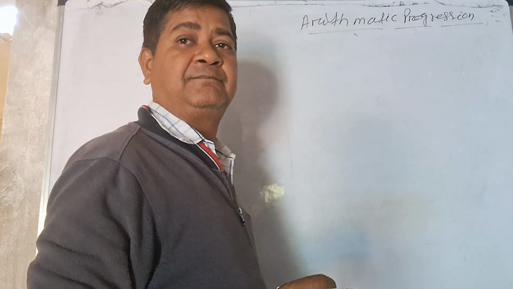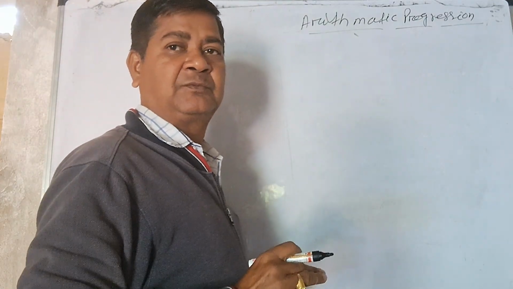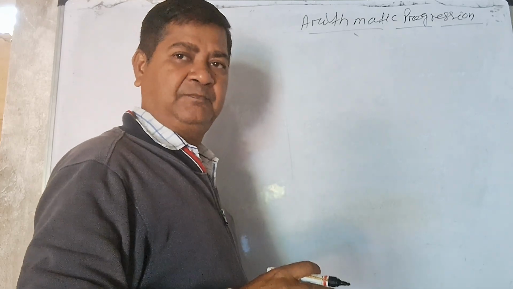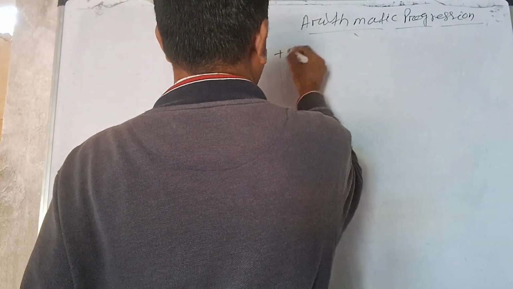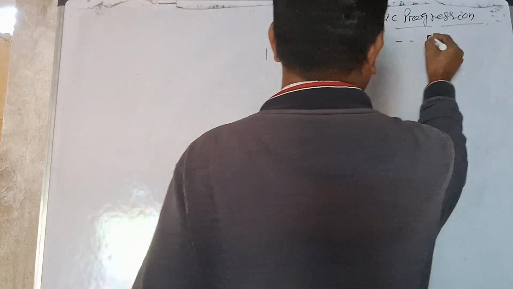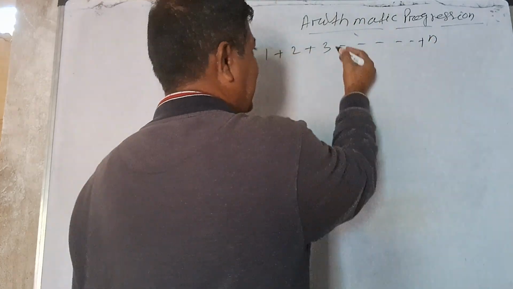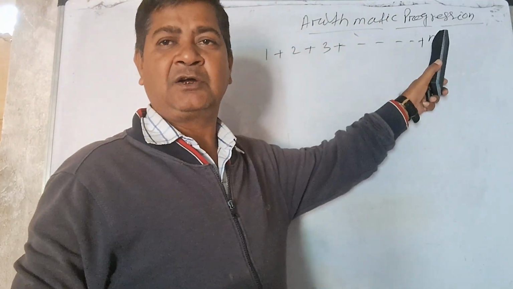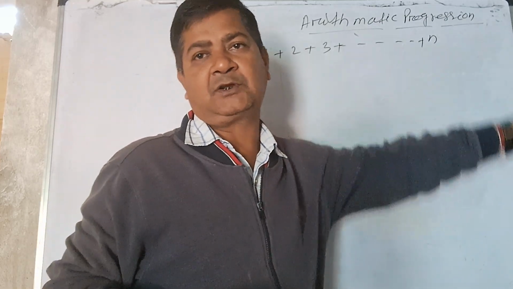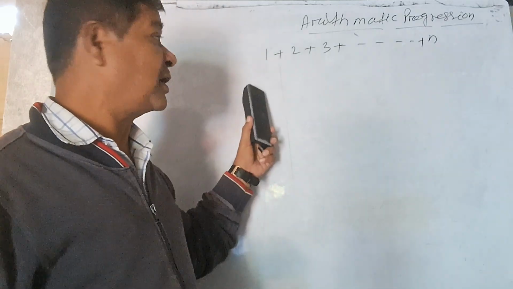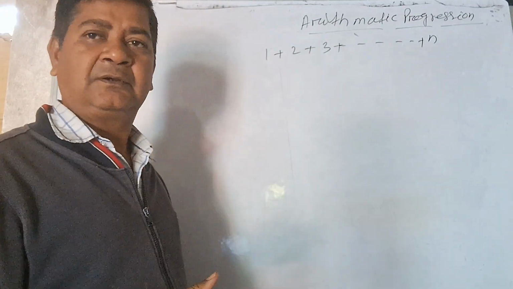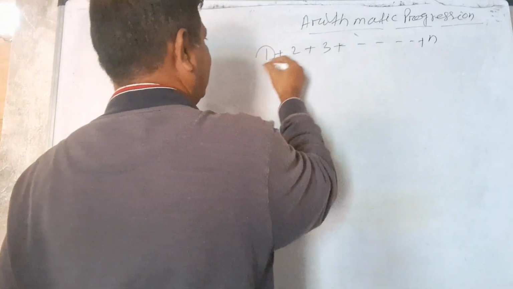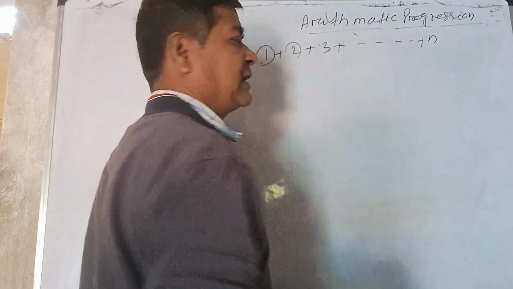The sum total of terms. Suppose there are n number of terms, 1 plus 2 plus 3 up to n. Then you will be able to find the sum total of n terms, adding the first term, second term, third term.